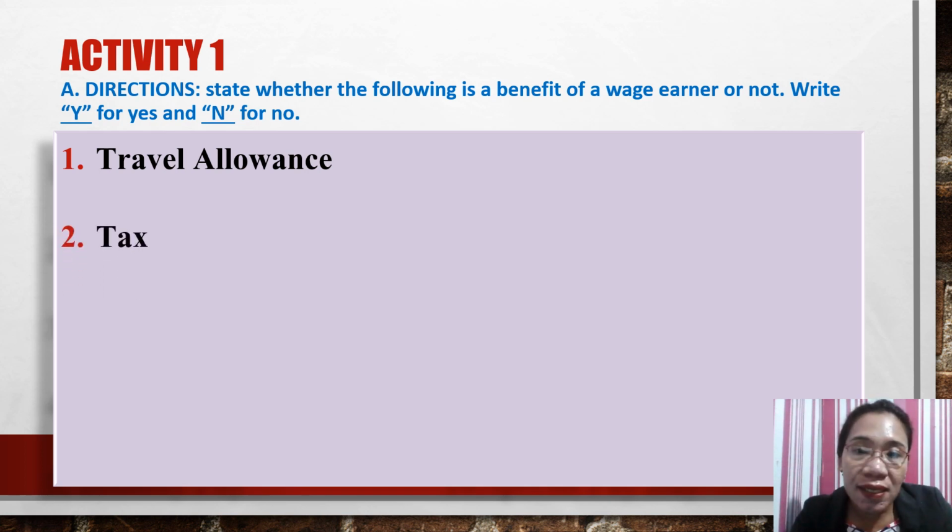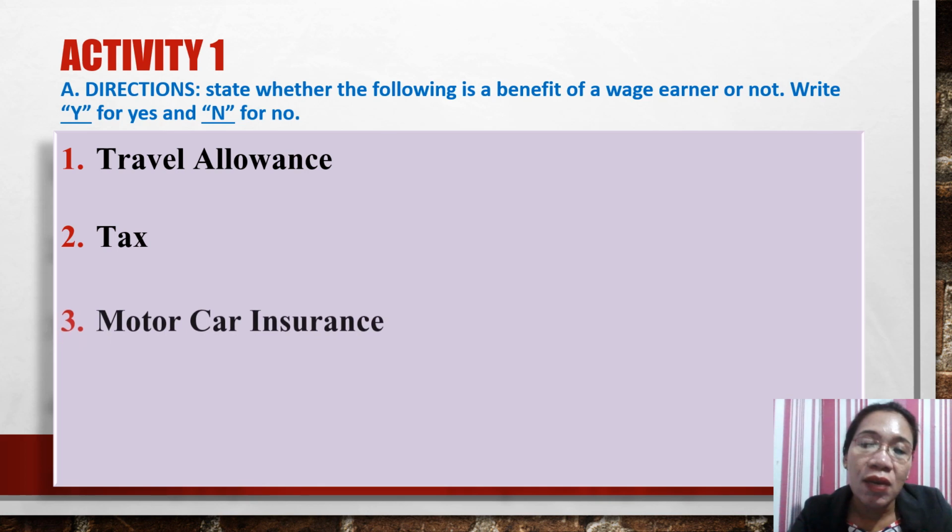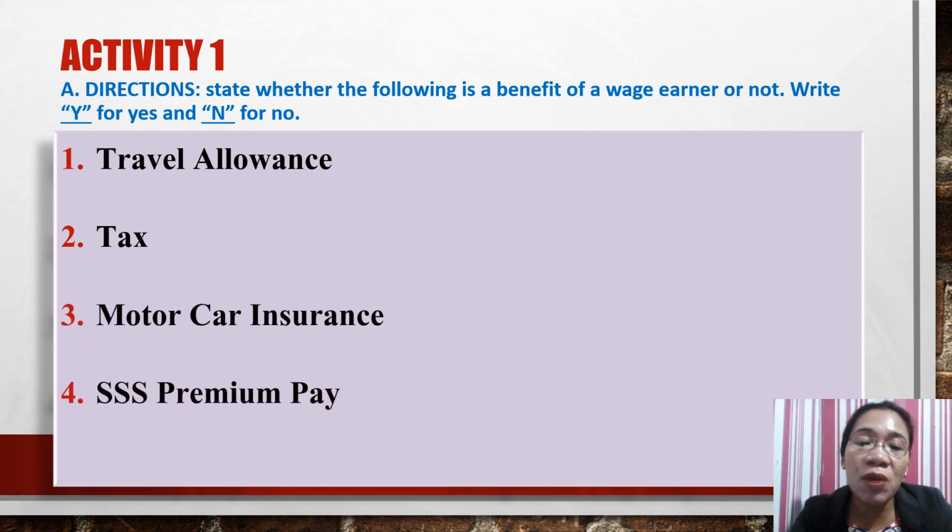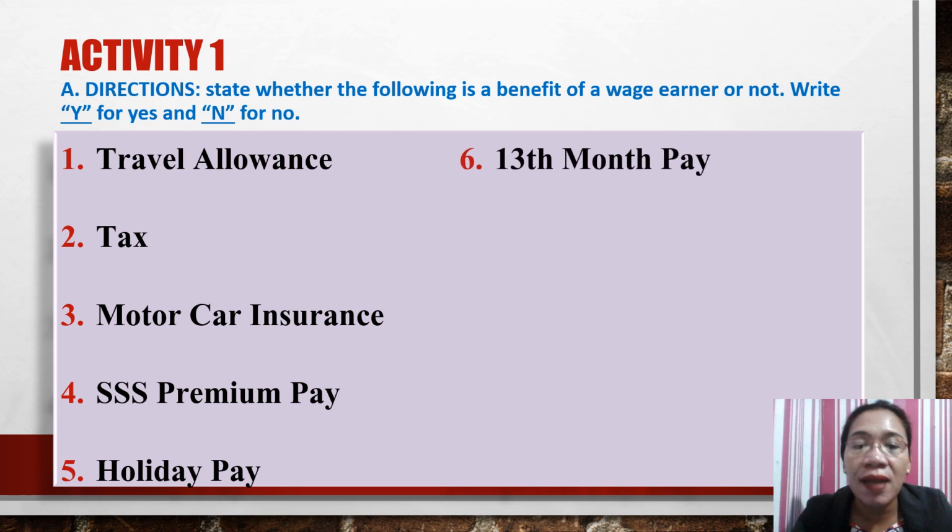Tax, benefit or not? Motor car insurance, SS premium pay, holiday pay. Just Y or N lang, yes or no lang. 13th month pay, is it a benefit or not?